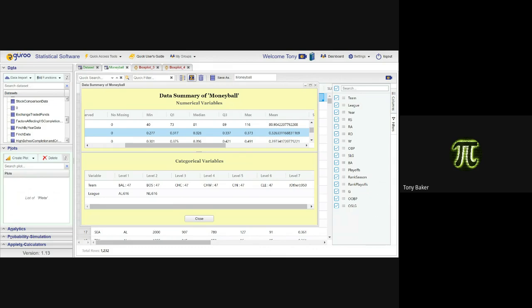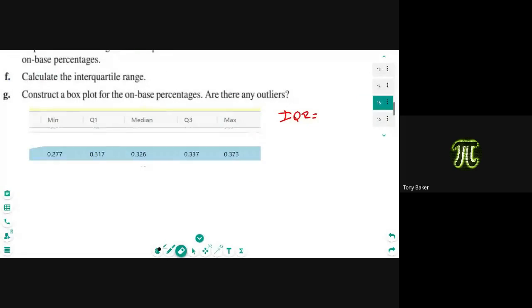Hold on. I'm getting something so I can actually have you guys do something real quick, because I already had it done in my other class and I want you to be able to do this one by yourself. All right, so here's that information. I want you to find me my IQR, my interquartile range, and I want you to find me where my outliers start.